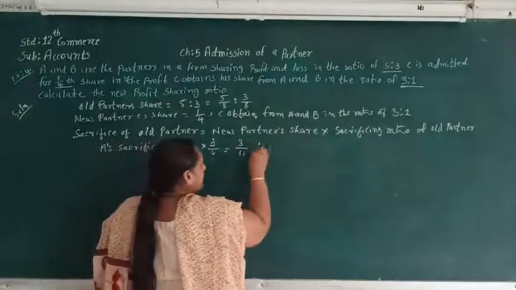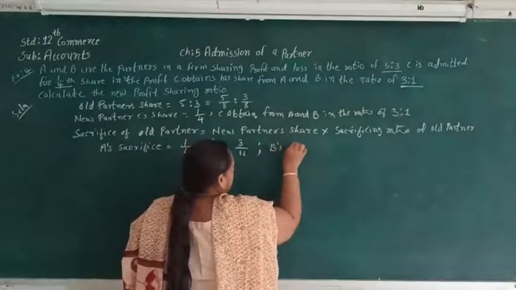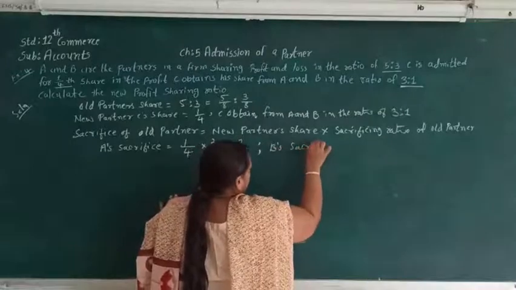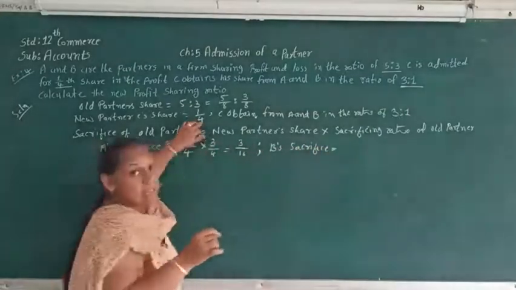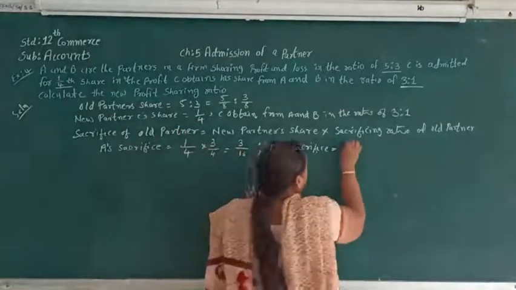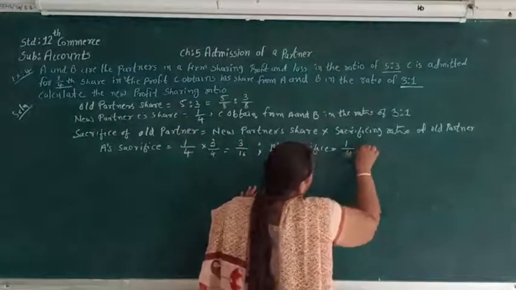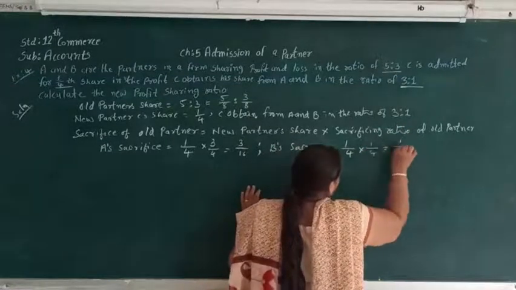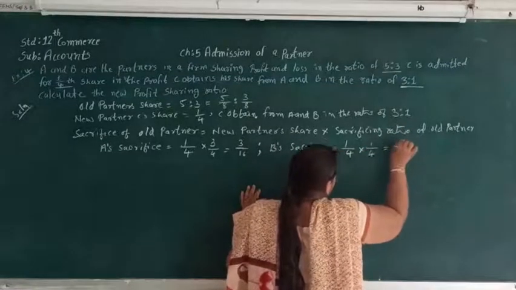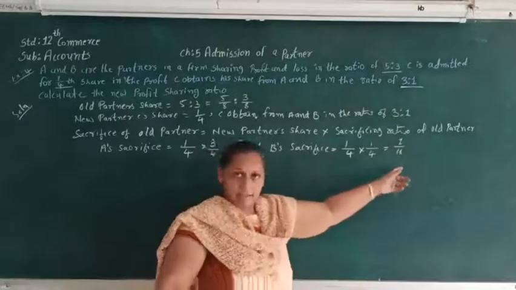Now let's find out B's sacrifice. B's sacrifice is equal to the new partner's share, 1/4, times B's sacrifice ratio, 1 by 4. So that will be 1 by 16. So that is B's sacrifice.